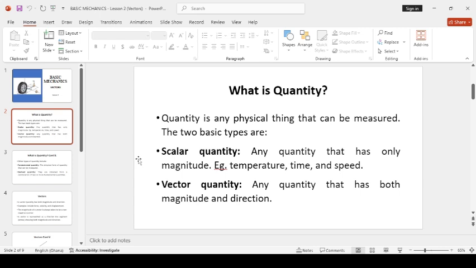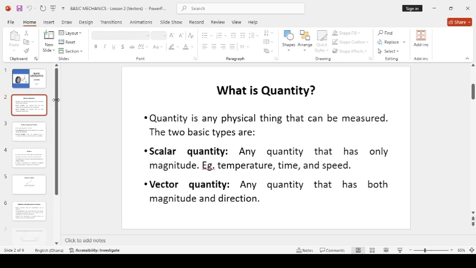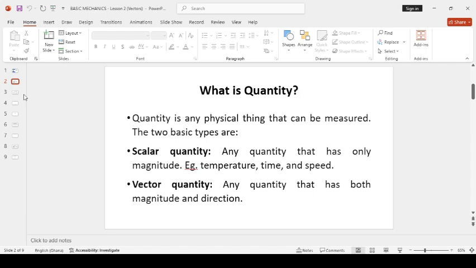Then the next one is the vector quantity. What is a vector quantity? A vector quantity is a physical quantity that has both magnitude and direction, different from the scalar quantity.